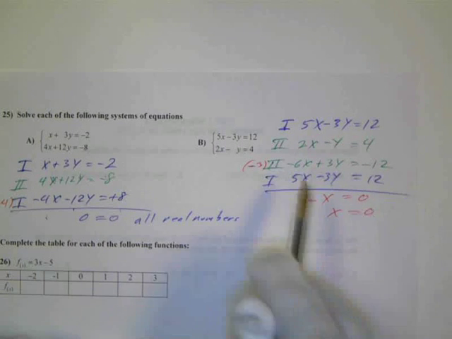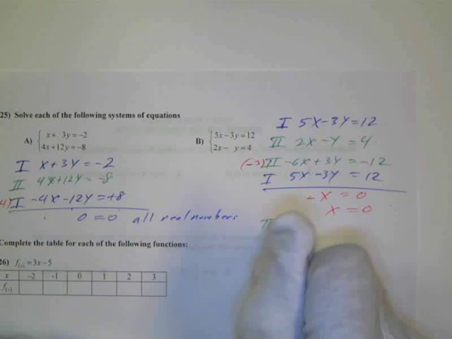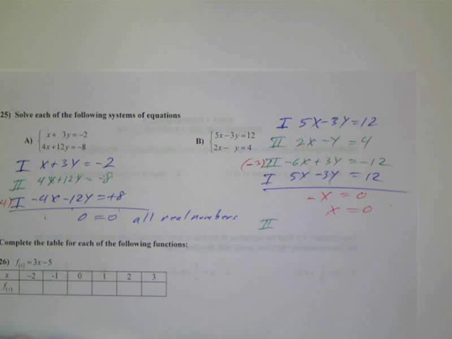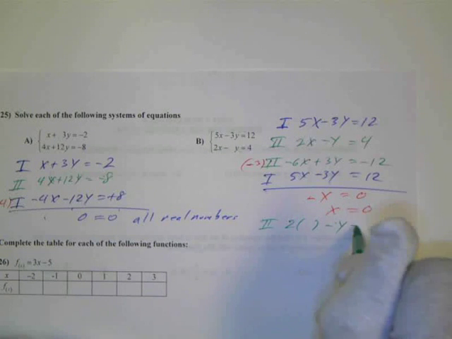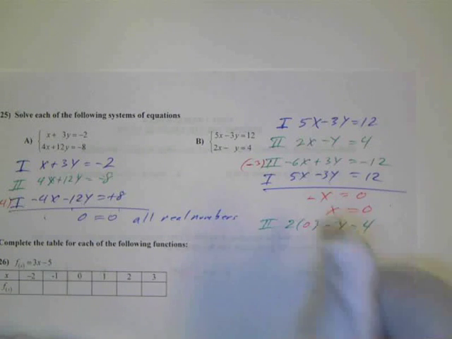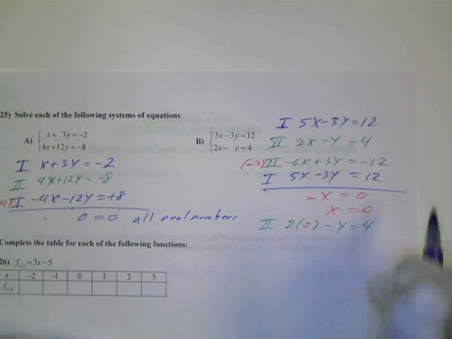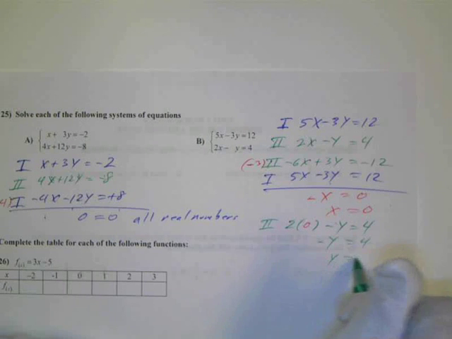And I can put that into either value, so if I take equation number 2, two times x minus y equals 4, and x is 0, so 0 minus y equals 4, so negative y equals 4, so y equals negative 4.